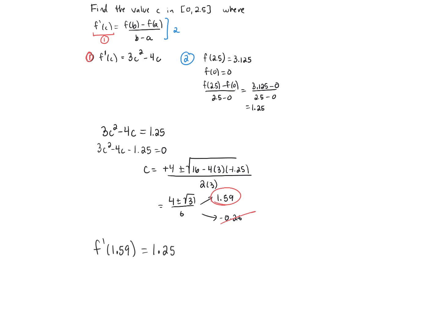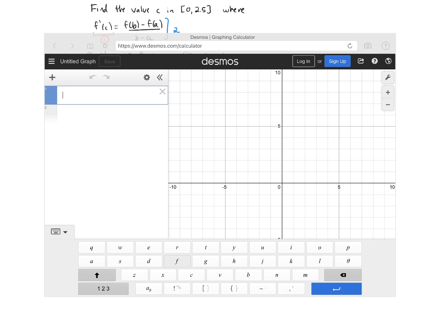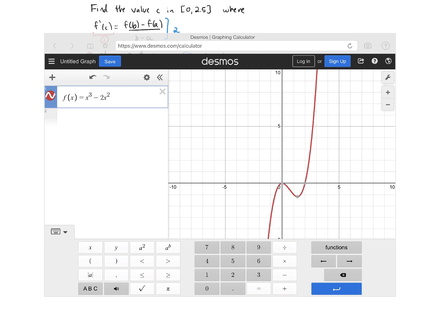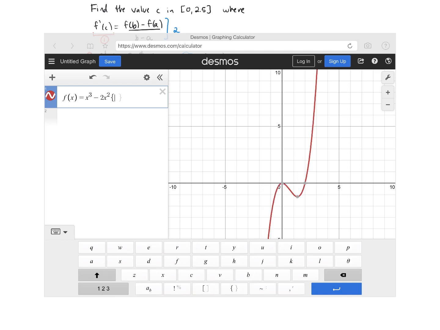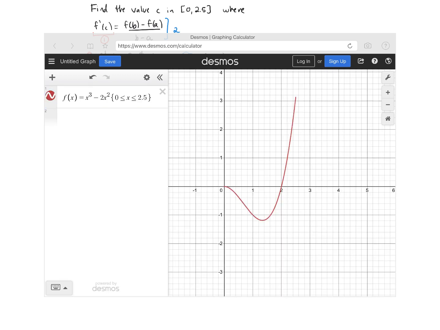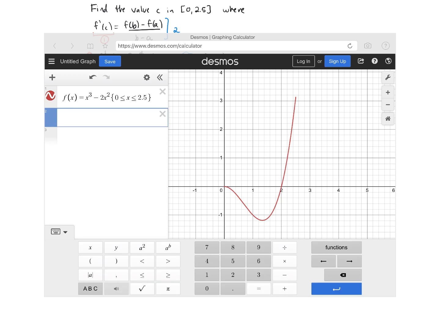So let's go ahead and take a look in Desmos and see if this makes sense. So we'll put in our original function, which was actually x cubed. I started to put in the derivative. So x cubed subtract 2x squared, and we're going to restrict this to just be between 0 and 2.5. So we're just looking at that section. We have our secant slope, which was 1.25, and we'll just do x.